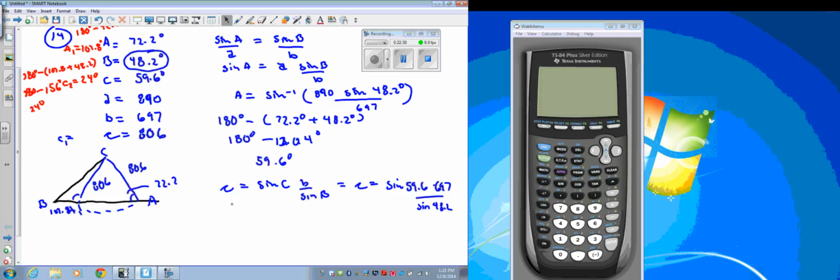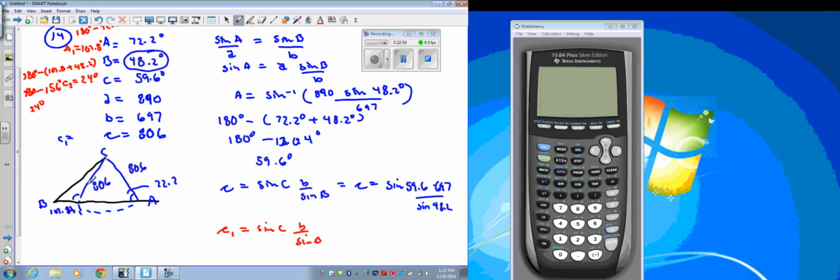So C1 would have to be sine of that, CB over sine B. And that one does not change.